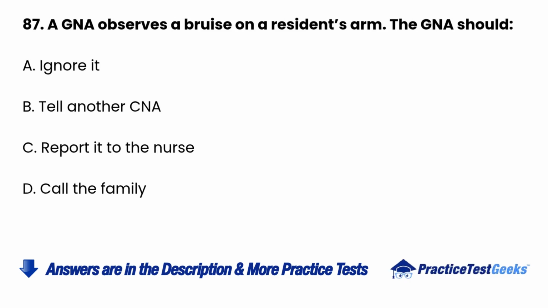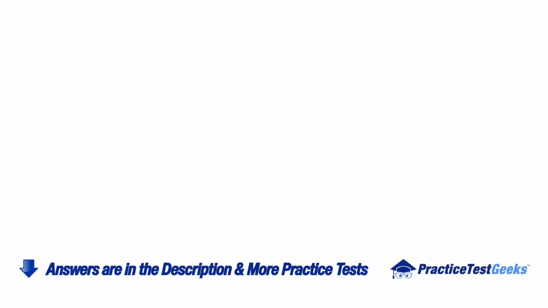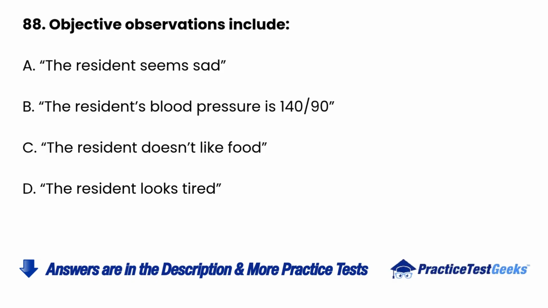87. A GNA observes a bruise on a resident's arm. The GNA should: A. Ignore it. B. Tell another CNA. C. Report it to the nurse. D. Call the family. 88. Objective observations include: A. The resident seems sad. B. The resident's blood pressure is 140/90.